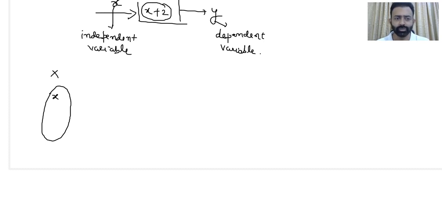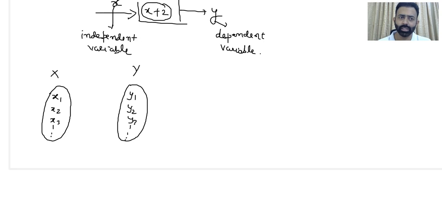So we have all the values here: x1, x2, x3 and so on. Depending upon these values, you have an output set denoted by y, and it consists of variables, let us say y1, y2, y3 and so on. So for each input we have a corresponding output in the y set.